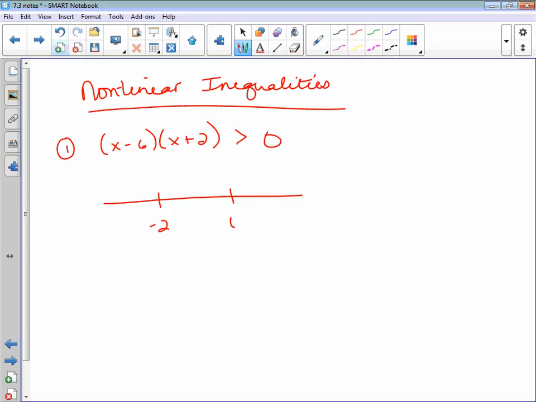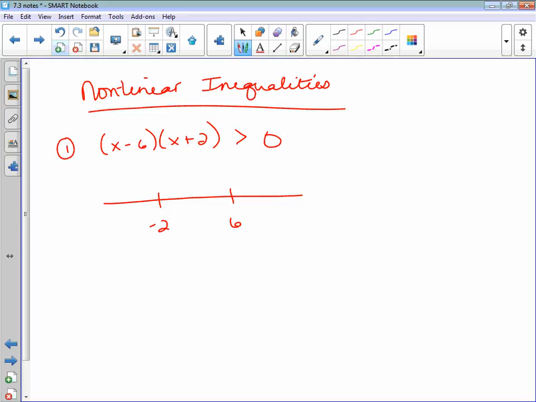Okay. Which section do you want to check? What do you want to plug in? Let's go less than -2. Or not. You absolutely can, guys. If you want to test all 3 sections, you certainly can. I see that there is no multiplicity happening with either of these factors, right? What that tells me is they're going to alternate. One's going to be positive, the next negative, the next, you know what I mean?